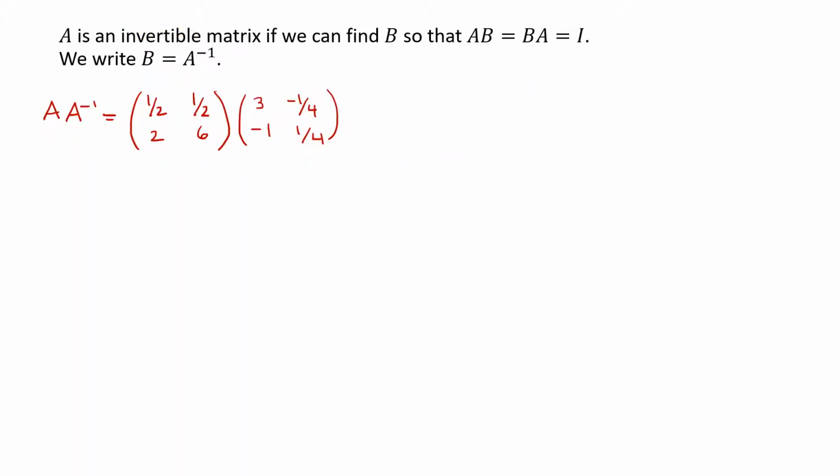When we're calculating inverse matrices, it's easy to check whether or not our solutions are correct just by multiplying out. Remember from our definition, we found the inverse if AB is equal to BA is equal to the identity. So we're expecting to see the matrix 1, 0, 0, 1 out of this. All right, let's do this matrix multiplication. Okay, so we have 1/2 times 3 minus 1/2.